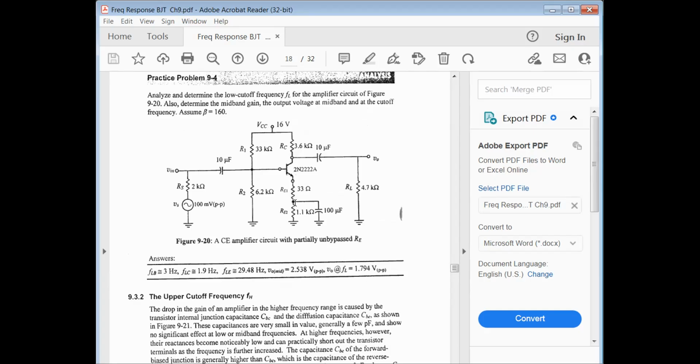If I know the gain and I know Vin, then I can calculate V out. V out is just the gain times Vin. So the output of this circuit will be 100 millivolts peak to peak times whatever you calculated for the gain of this amplifier circuit. It asks for the output voltage, and then the cutoff frequency.